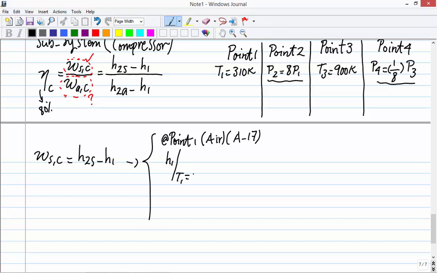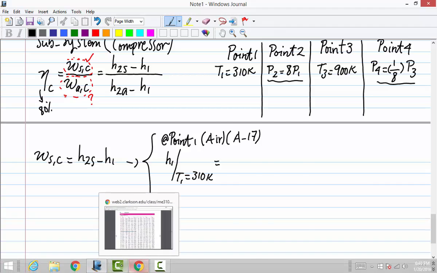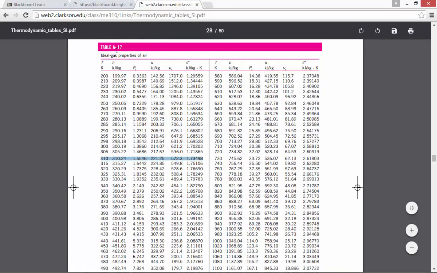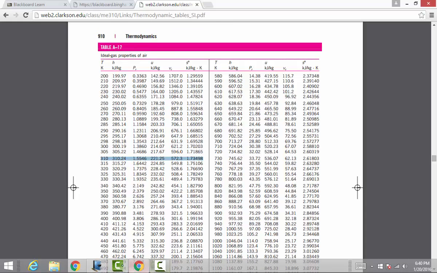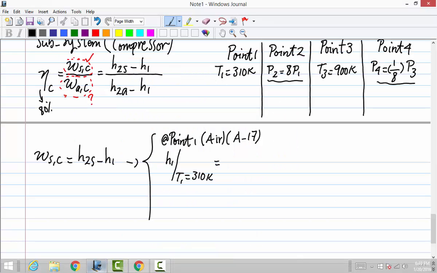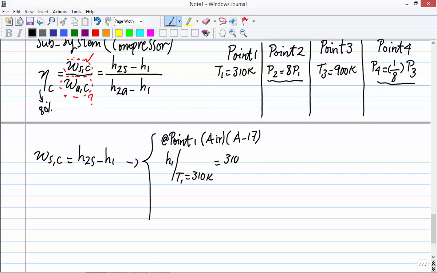At 310 Kelvin, according to my table A17, it says at this temperature that's your enthalpy, and PR is that. I'm going to tell you why I need PR, and what PR is, and also VR. H1 based on that table would be 310.24 kilojoule per kilogram.